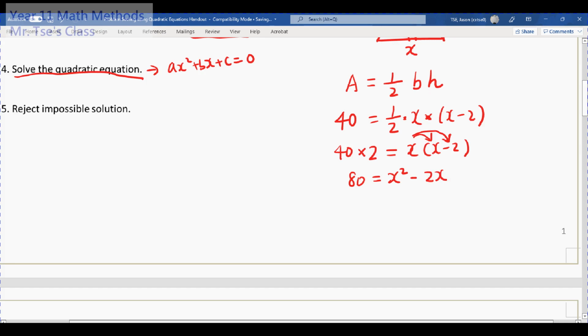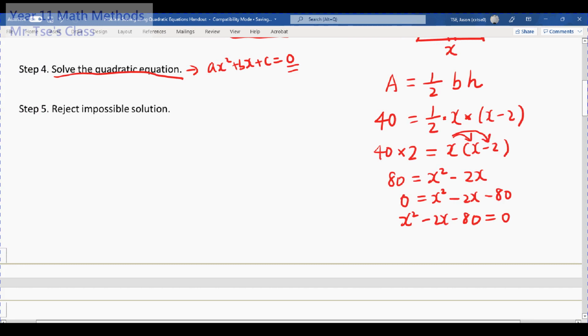Not yet, because on one side I still must see 0. It will be easier for us to move that 80 to the right hand side. Right now you have a quadratic equation form: you have the x squared term, x term, and constant, and equals 0. If you want, you can rewrite the whole thing with the right hand side equals 0.